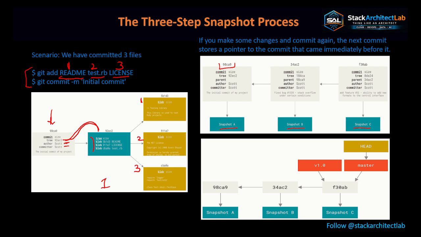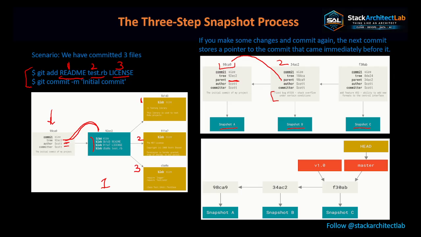Okay, so now let's understand this. At this place, if I am doing one commit saying that this fixed a bug and stack overflow under certain condition. Here the parent was empty, nothing was there. But here if you see, this parent is mapped to this one.